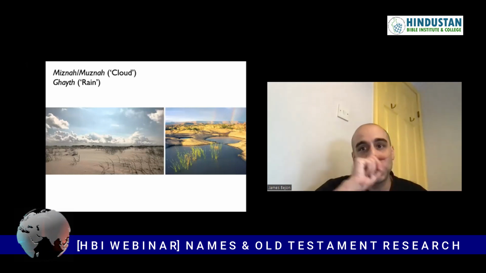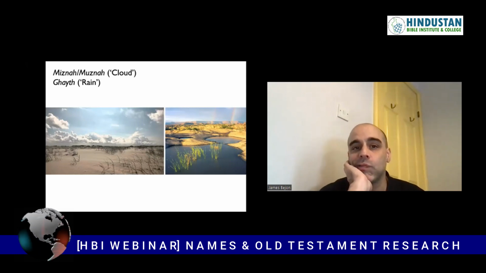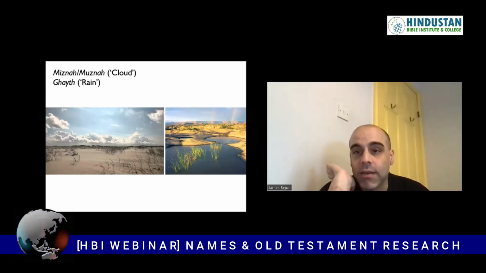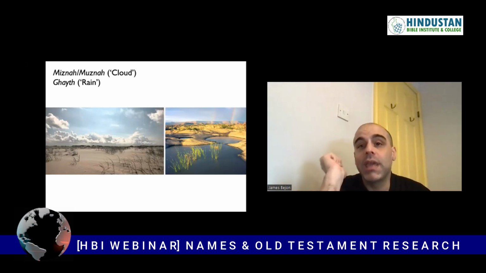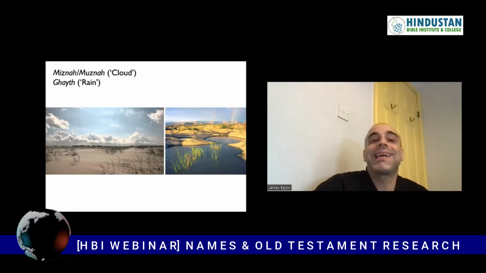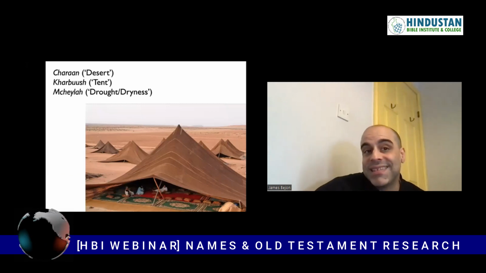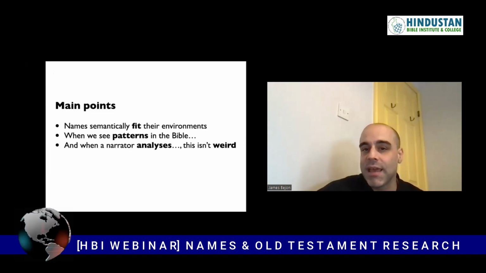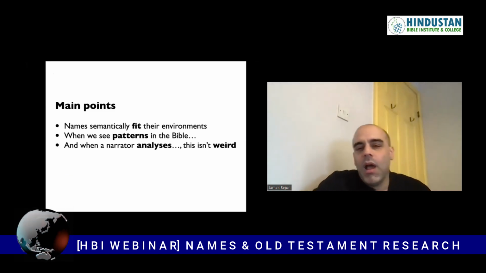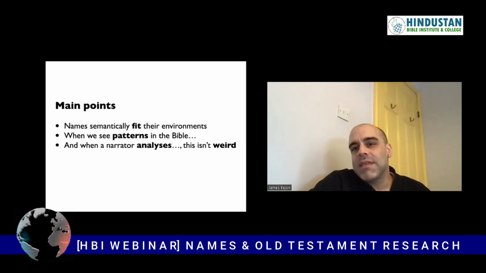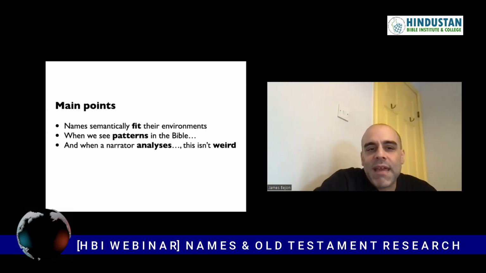These names that we looked at to do with clouds and rain, they're not just assigned at random. They're more often than not given to people who are born on a cloudy day or a rainy day, born in the desert, born during a period of drought or dryness, and so forth. So we've got these different ways in which names fit their environments.